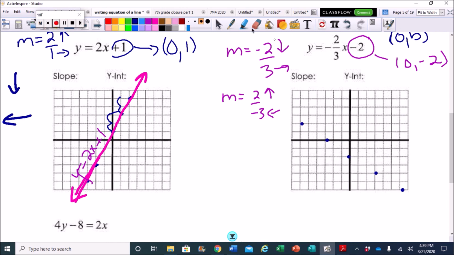And there's my line. So now I'm going to connect it. It's really hard to draw a line on a touch screen. Should use a straight edge. Got to put arrows on the end of it. And the equation is y equals negative 2/3 x minus 2.